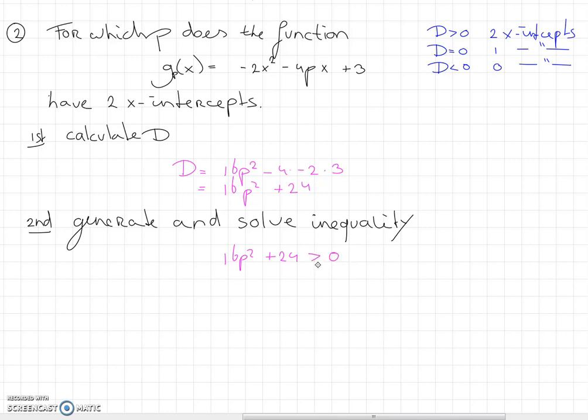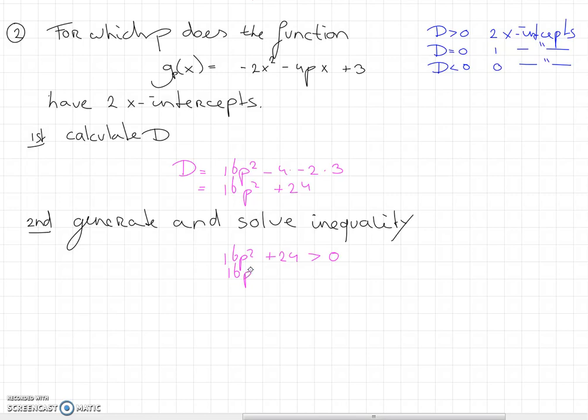Now this is a little more of a problem than our previous example, because in our previous example the inequality we generated was linear. This inequality is quadratic because the p is squared. When we are solving a quadratic inequality, we have to first change the inequality to an equation.